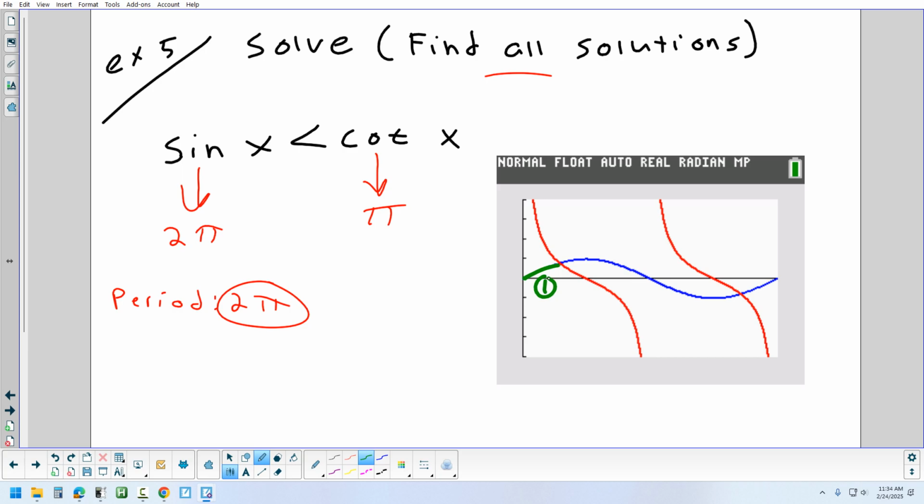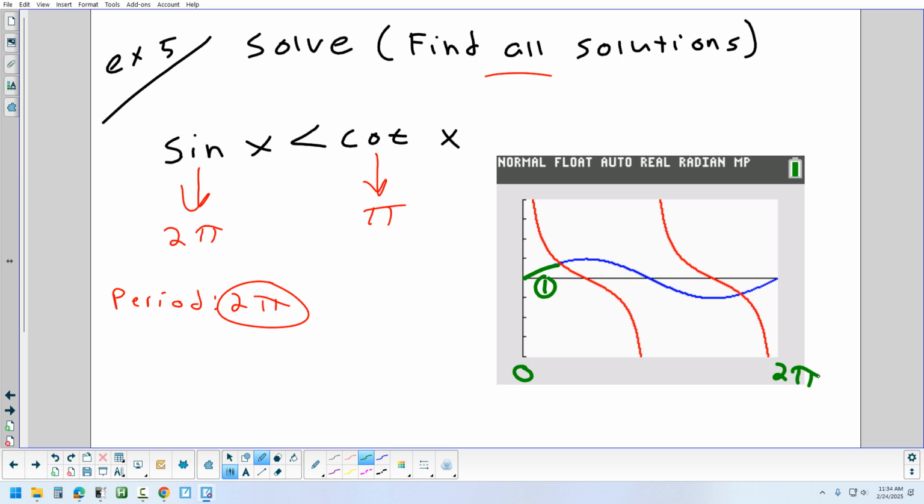Where's the left edge of my window? It's at 0. Where's the right edge of my window? 2 pi. So there's a vertical asymptote somewhere, and I told you I'd make it relatively easy to see. Where does it look like the vertical asymptote is?